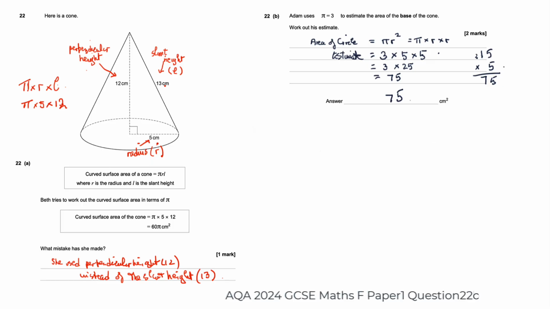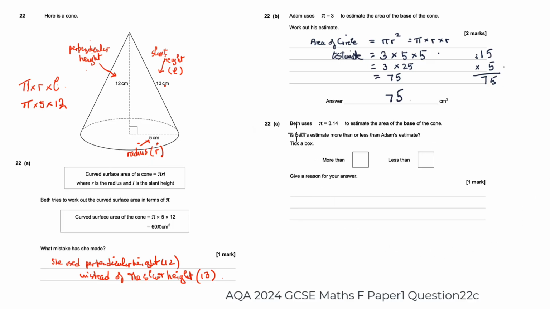Now there is a part C in this question. Beth's recovered from her mistake. She's now using 3.14 to estimate the area of the base. And we're asked, is her estimate going to be more or less than that estimate that Adam has used?